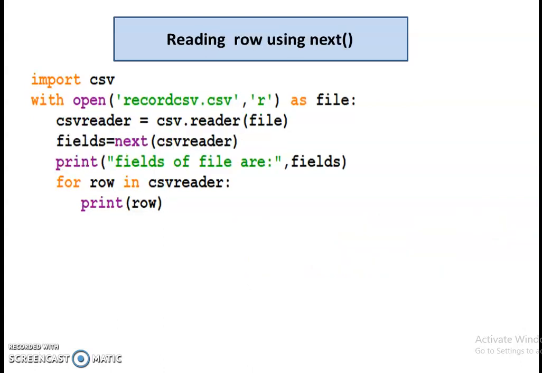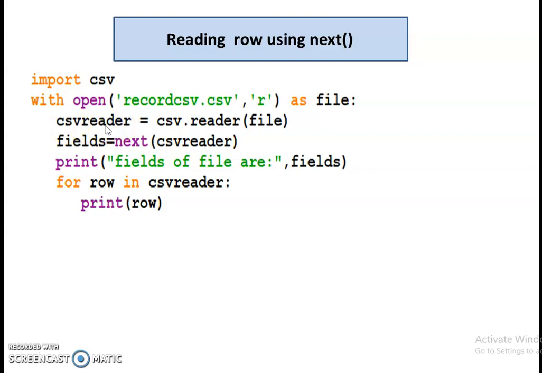We can also extract records using the next method. So in this program, first we are importing the CSV module, then we are opening the same file, record CSV, in reading mode. We are converting this file object to a reader object. The reader object name is csv_reader, and as we have seen, this csv_reader is an iterable object.